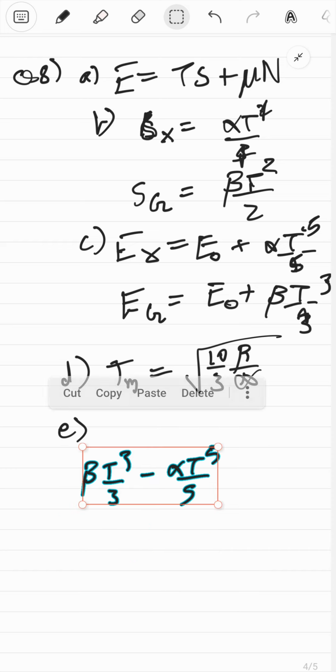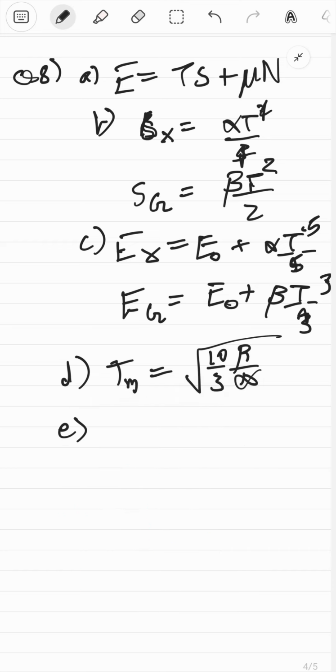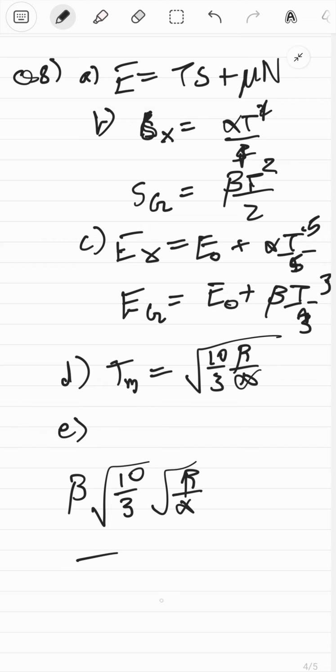Anyway, so now we get back to this E part. So you want to calculate latent heat. Okay, so it's just the heat capacity for glass, which is beta T. So it's just beta Tm, which is square root of 10 by 3, minus the capacity for crystalline, which is alpha T cubed.